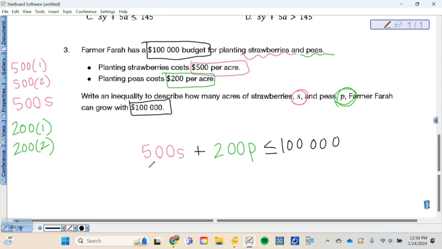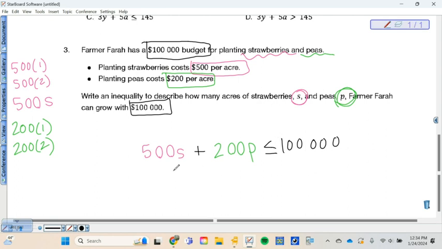Because we do 5 times 2. That's 10. Did I get that wrong? Yeah, no. And then 1, 2, 3, 4 zeros. So that's 100,000. And if we only planted peas, it'd be 500. Good. Okay, but we'll start worrying more about that tomorrow and next week.